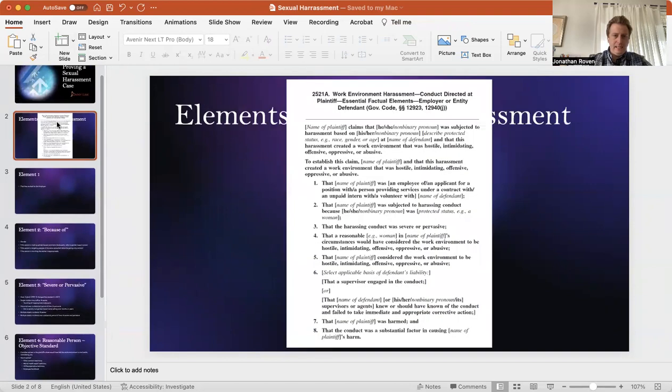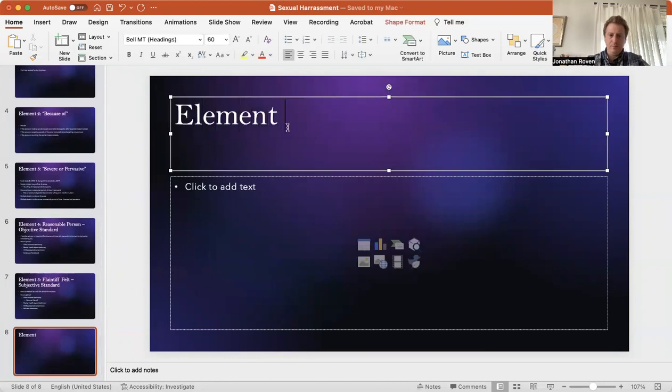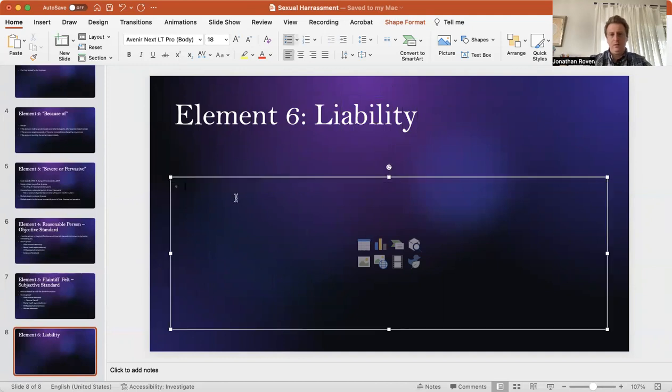The 6th element is probably the most litigated element, and it's establishing liability.